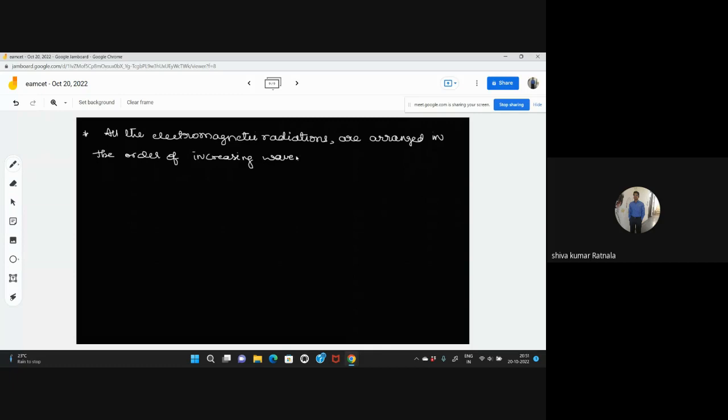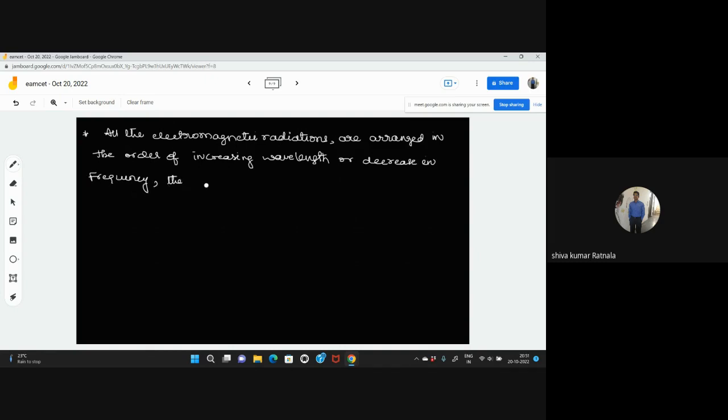That means the next point is, all the electromagnetic radiations are arranged in the order of increasing wavelength, or decreasing frequency.